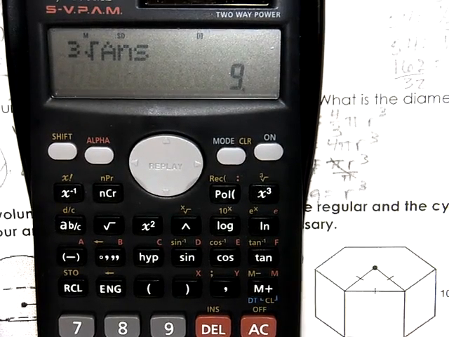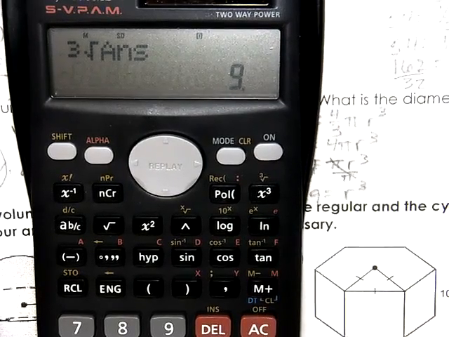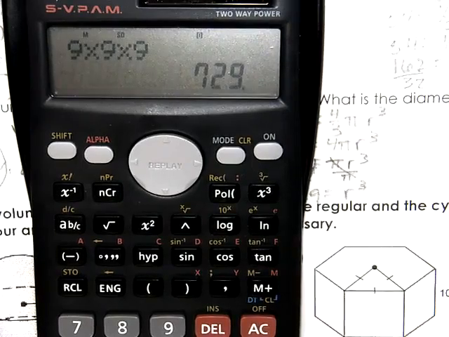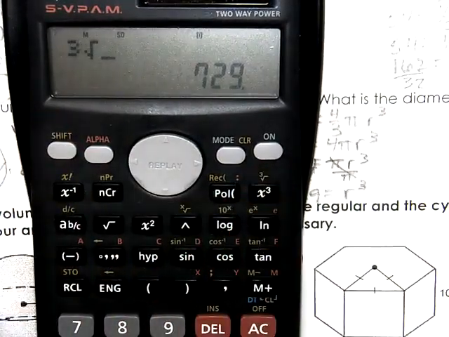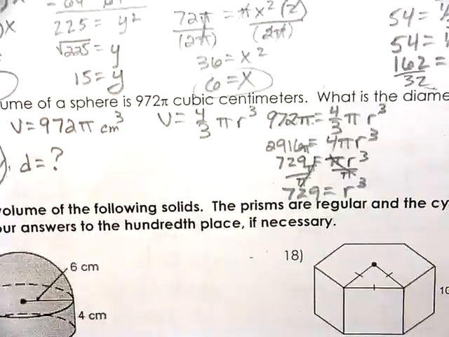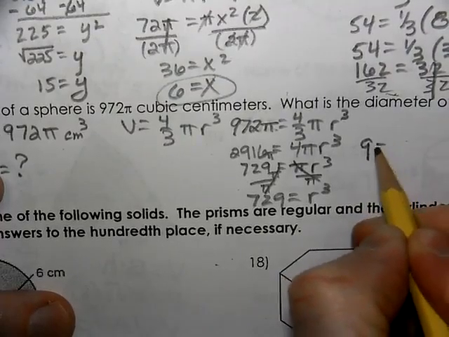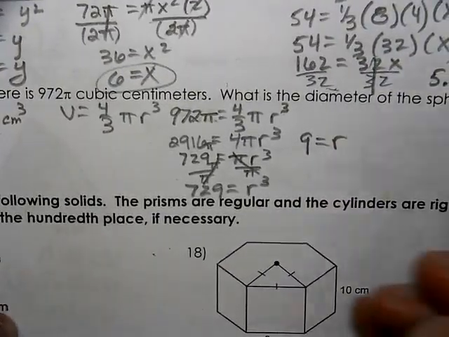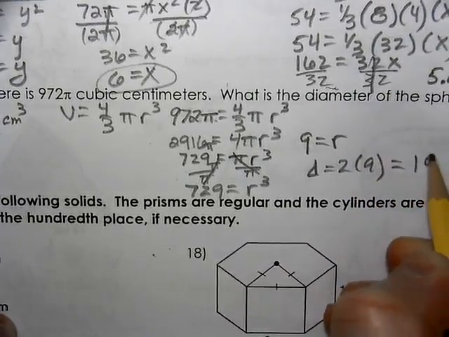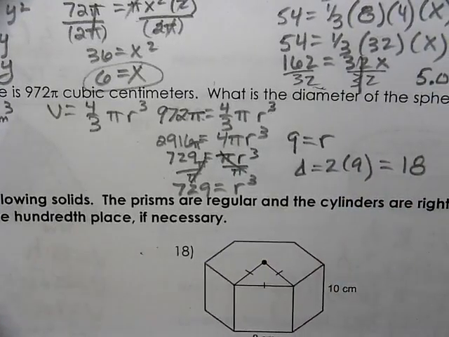So that means that 9 times 9 times 9 makes 729. That's what the cubed root means. It's looking for the number that you multiply 3 times to make that larger value. The cubed root of 729 is 9. So r is 9. D is going to be 2 times 9, which is 18.